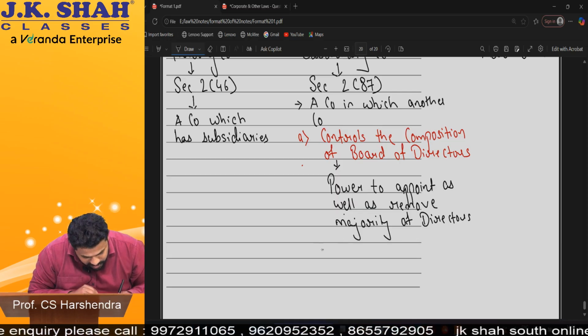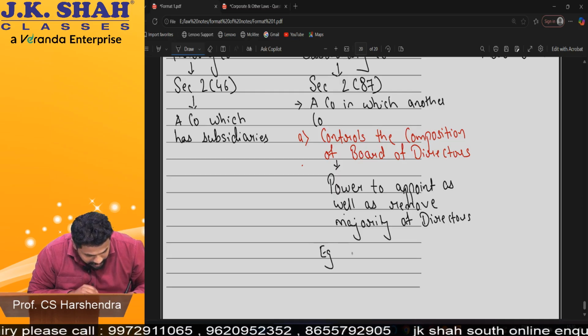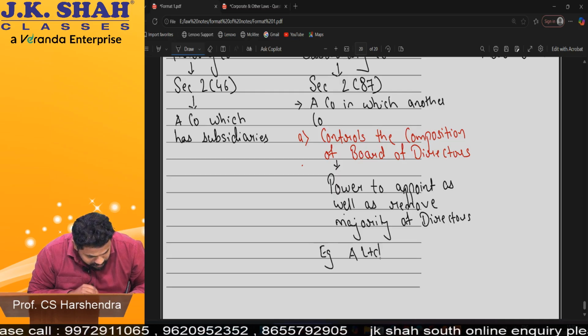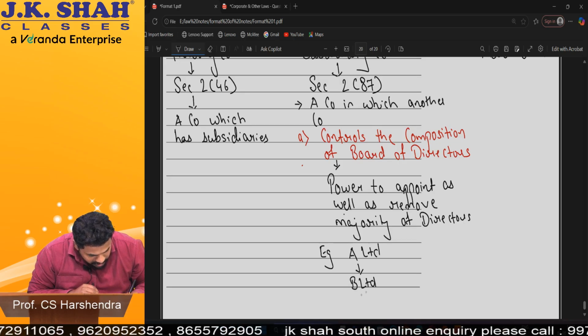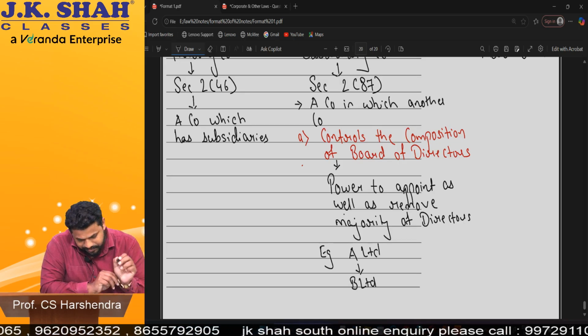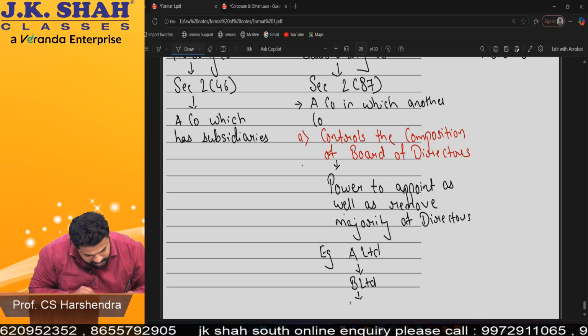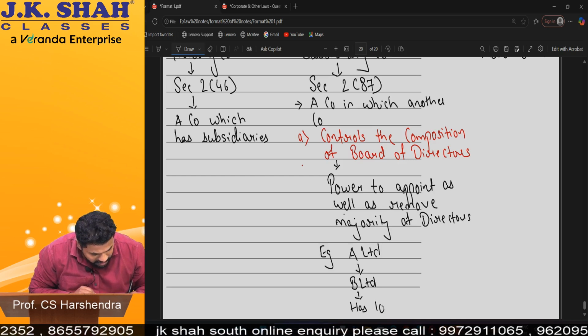Now the example. A limited is there and B limited is there. Example: B limited has 10 directors. How many directors? 10 directors.